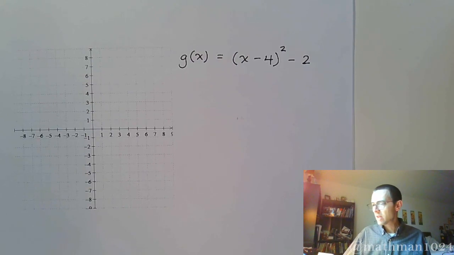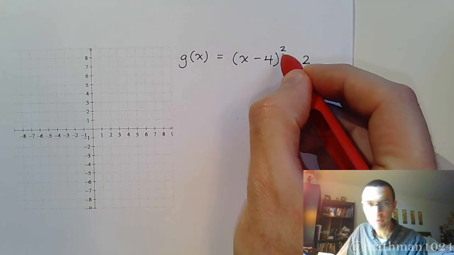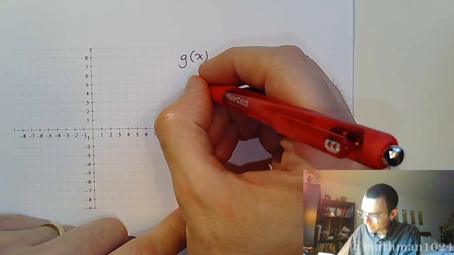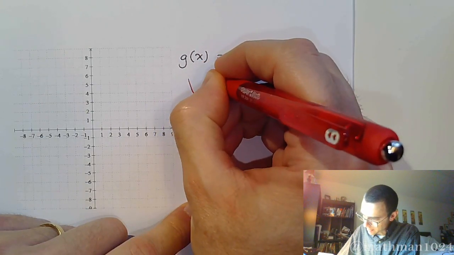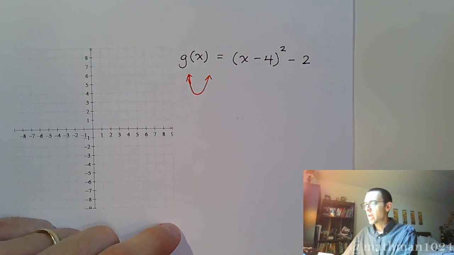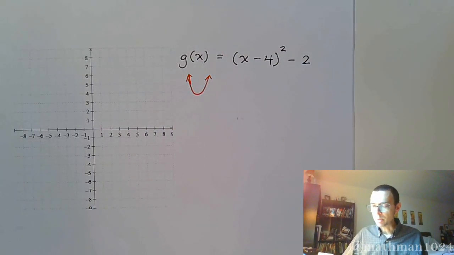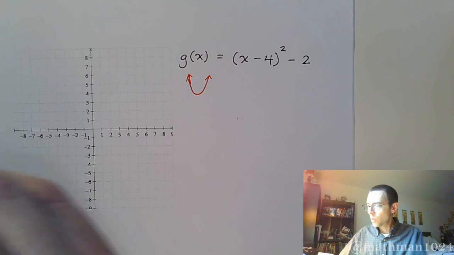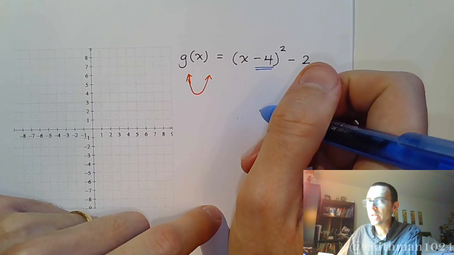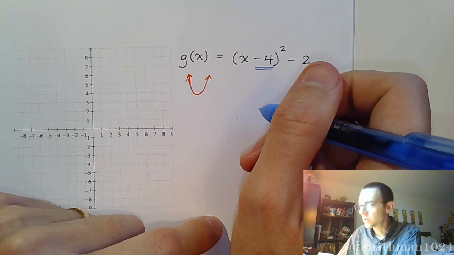First of all, we have the shape. The shape is determined by the power. We have a power of 2, so we know that we are dealing with a parabola. And now we just have to figure out what we're doing with the parabola. Well, on the inside here, we see a minus 4. Now remember, if it's on the inside, it's a horizontal shift opposite of what we do.